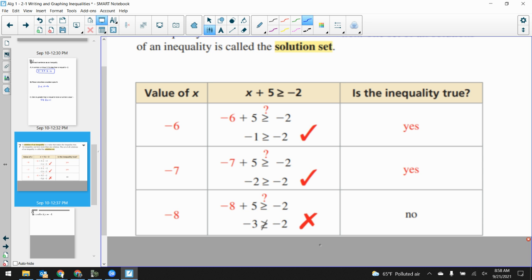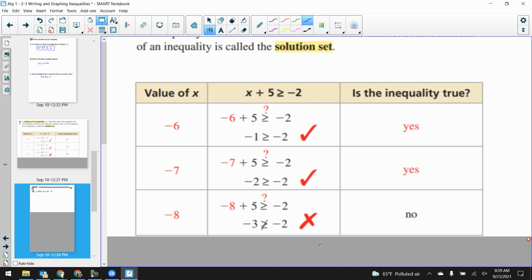Any number bigger than 5 would be a solution, right? I have a lot of different possibilities. What I'm saying here is that my solution is no longer one number. It's an infinite set of numbers. So we can no longer say just one value. This is an infinite set of values that we'll be able to graph.